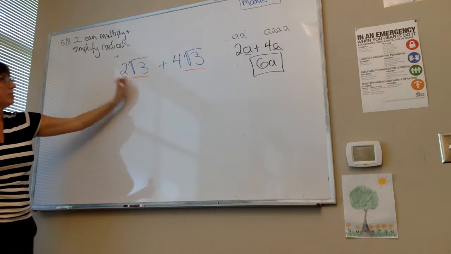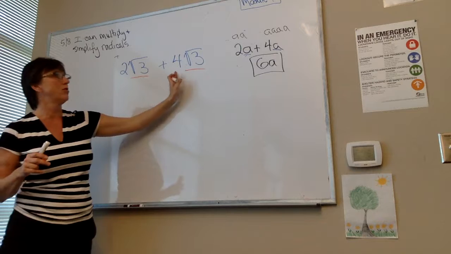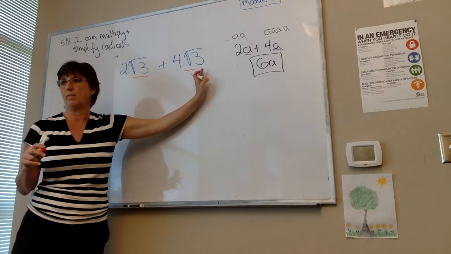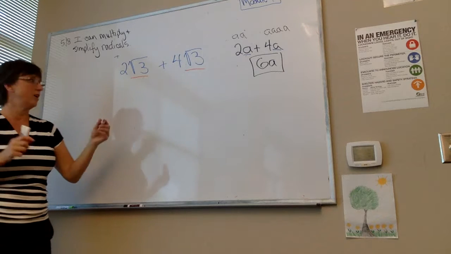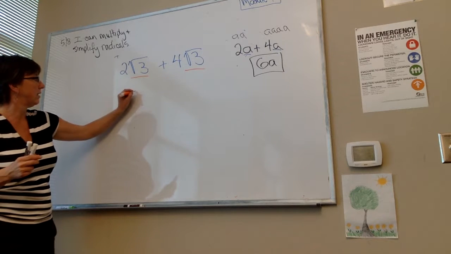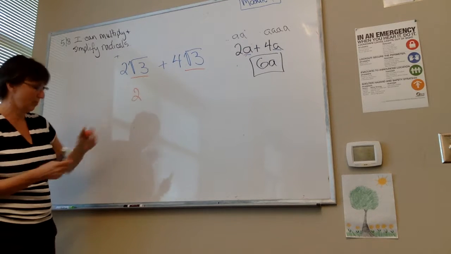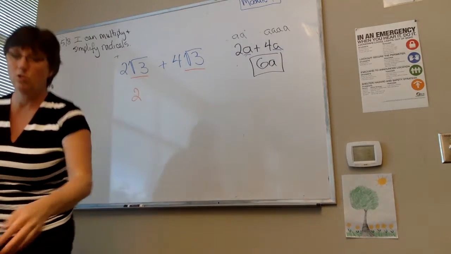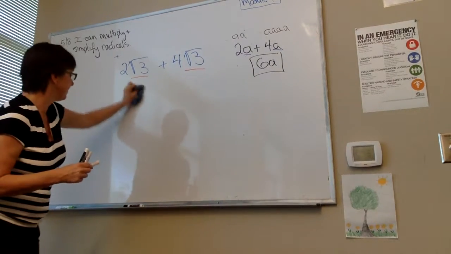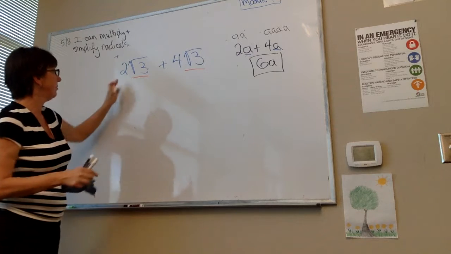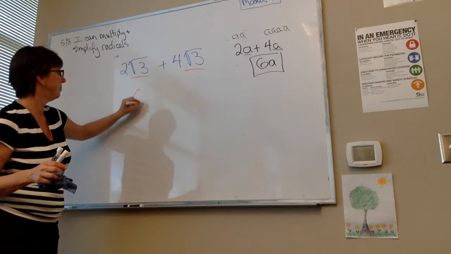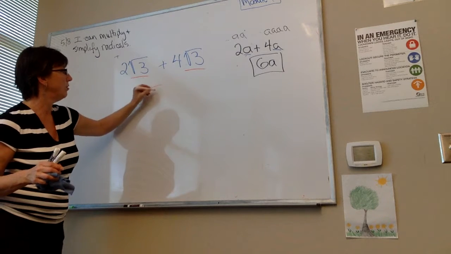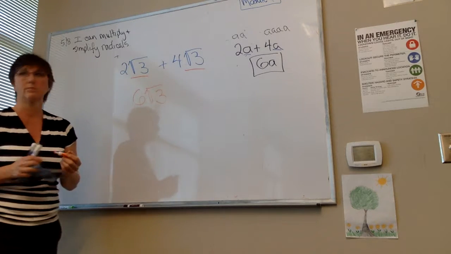So I have 2 times the square root of 3 plus 4 times the square root of 3. I want to simplify this, and I end up with, oh my goodness, not 2. But what's 2 plus 4? 6 square root 3.